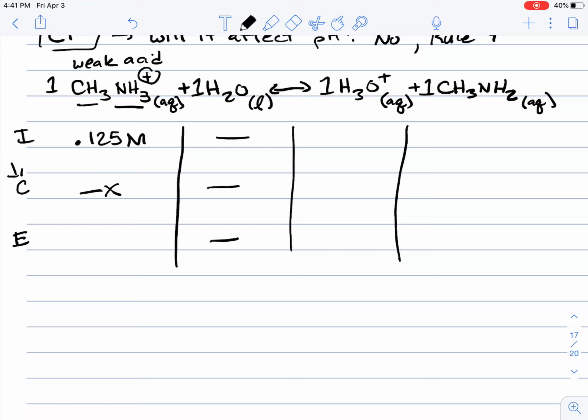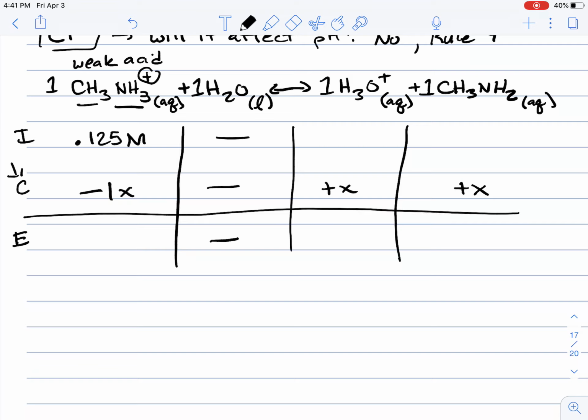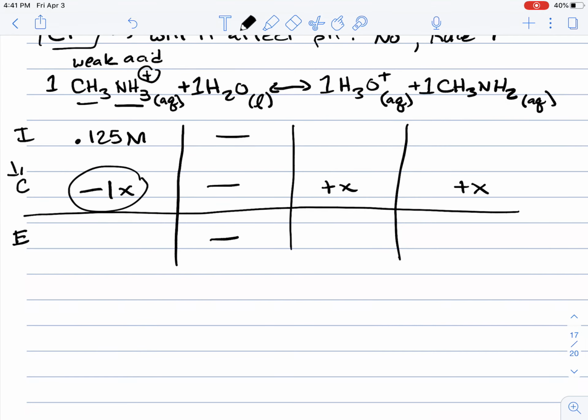So therefore the change is going to be minus 1x or minus X. And however much is consumed in the reactants, products will be produced. So that's why we have a positive X and positive X. So we're creating hydronium and we're creating the conjugate base. So at equilibrium, we have 0.125 minus x, x, and x.